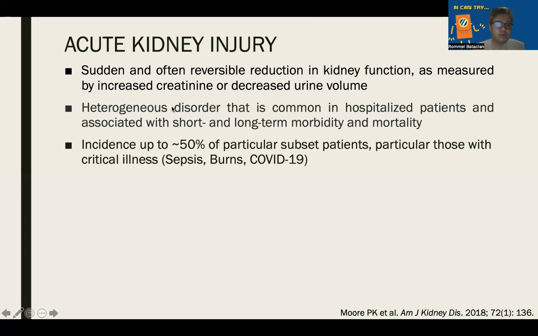It is a heterogeneous disorder, so it cannot be explained by only one mechanism. It's usually due to multiple mechanisms with a particular primary etiology, very common in hospitalized patients and in critical care settings, with short and long-term morbidity and mortality.